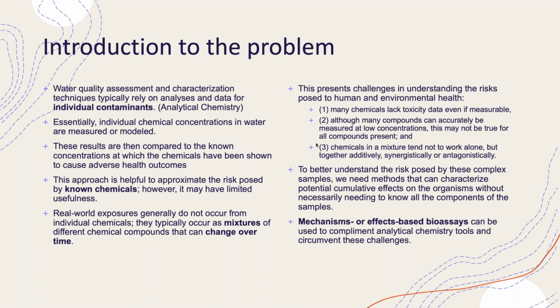So, of course, it's very challenging to start looking at all of these different unknowns coming from a variety of different sources. And the challenges are plenty, and I'm showing three major challenges here. So these chemicals, even though we can detect them, we can measure them, we may not know what their toxicity is.